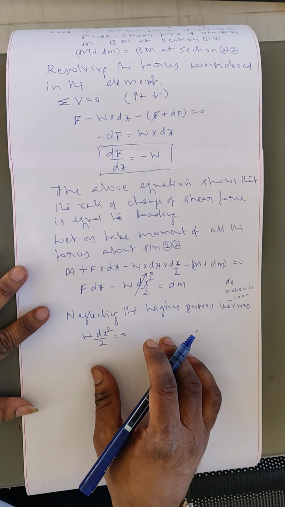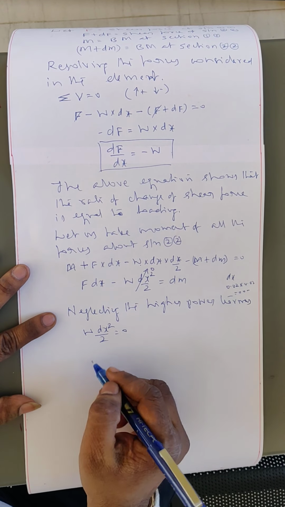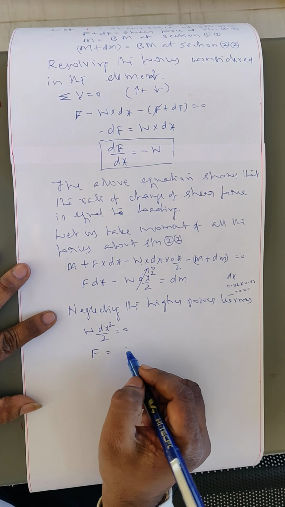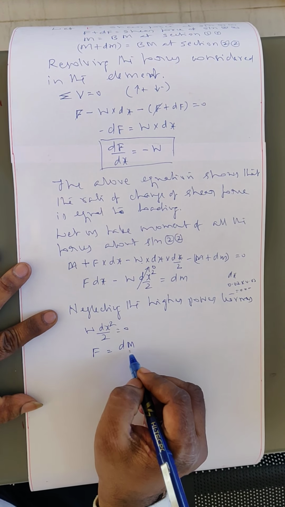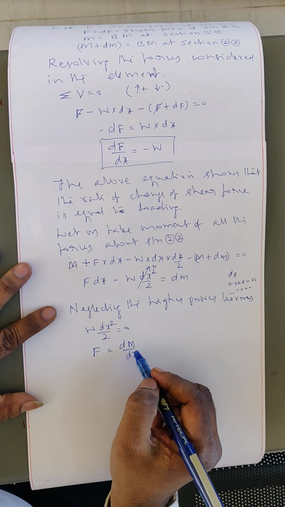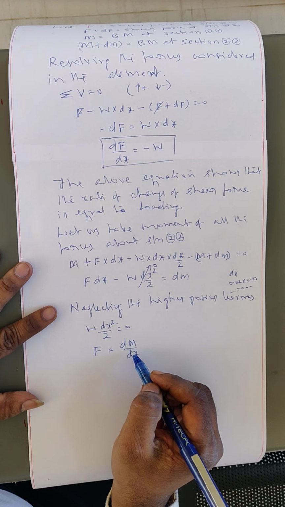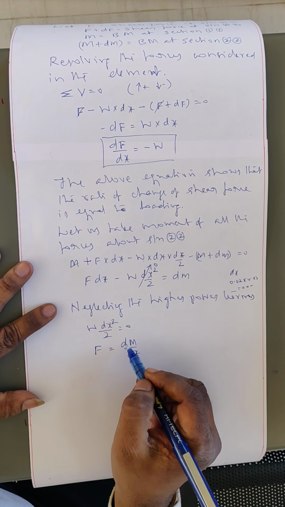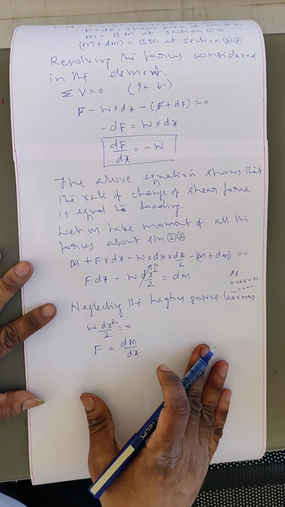Then what is remaining now? F dx equal to dM, or we can write this equation as F equals dM by dx. From this it is clear that the rate of change of moment is equal to shear force.